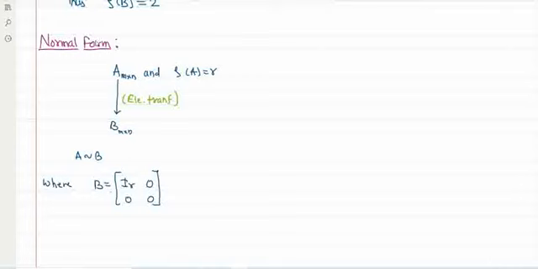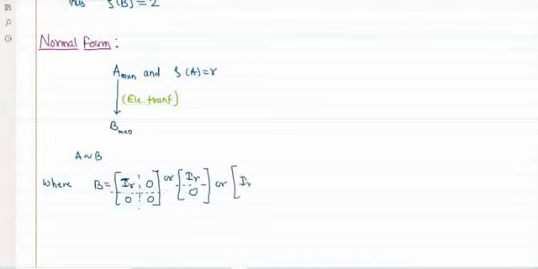These are block matrices: a unit matrix of order r, and the remaining elements are 0. Or this can be reduced to [I_r 0], or to [I_r; 0]. Okay, so what is the meaning of this?